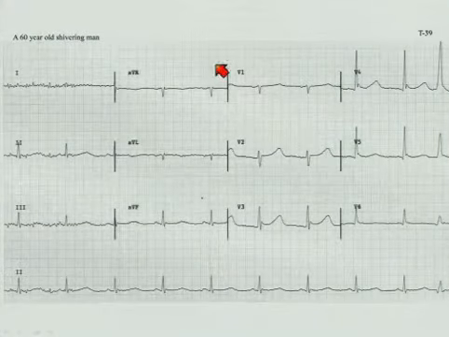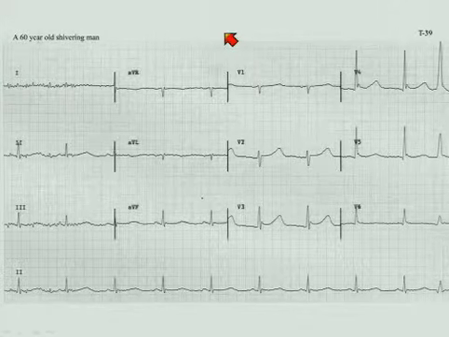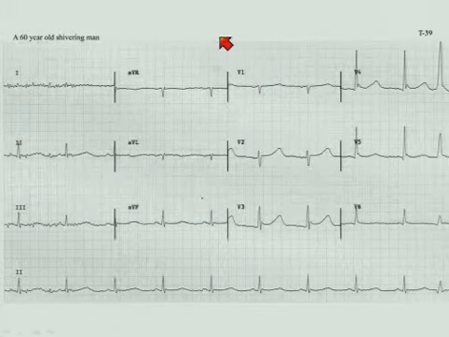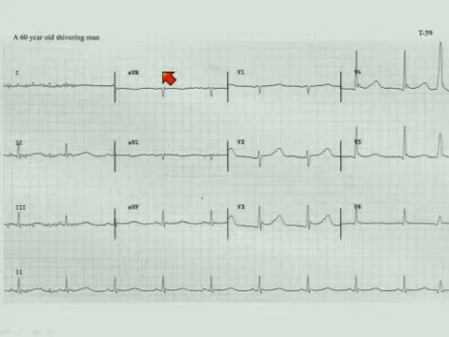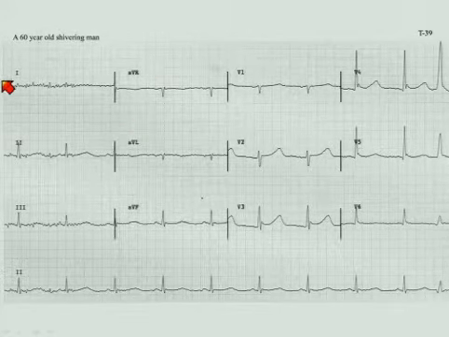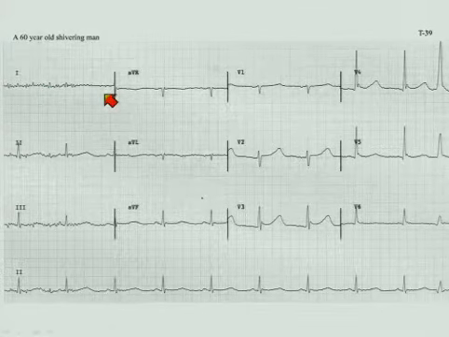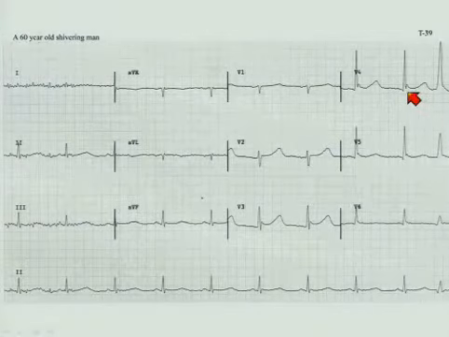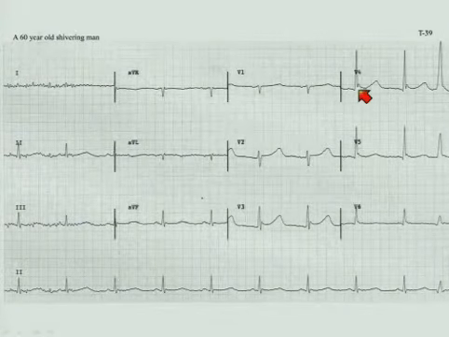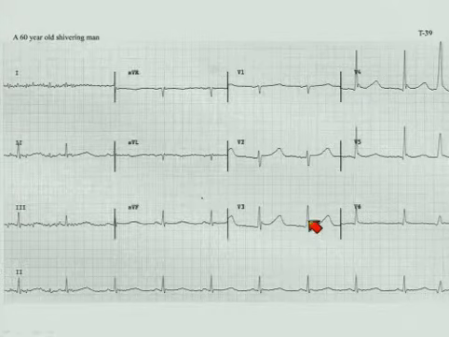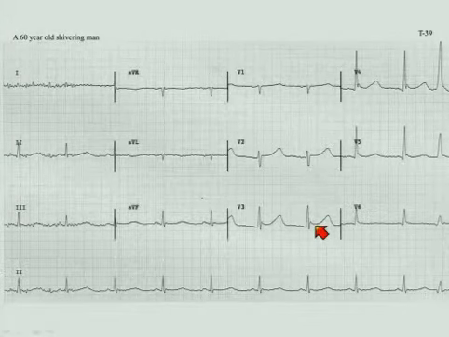Here is a shivering man. Now, if this were on a test, it wouldn't be quite so leading a header, but he is shivering. That's the reason for this artifact you see. You'll notice there's sinus bradycardia, but this is where the money is right here. This is an Osborne wave from hypothermia.